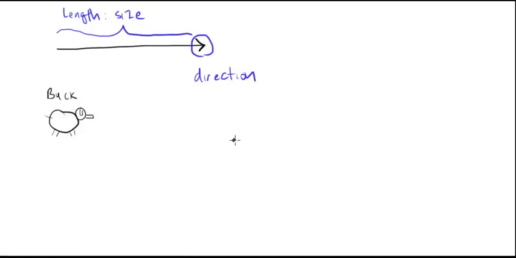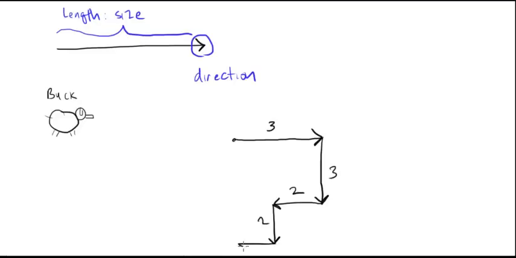And maybe he goes 3 miles east. And then he turns and he goes 3 miles south, and then he goes 2 miles west, 2 miles south, and then he goes a mile east.